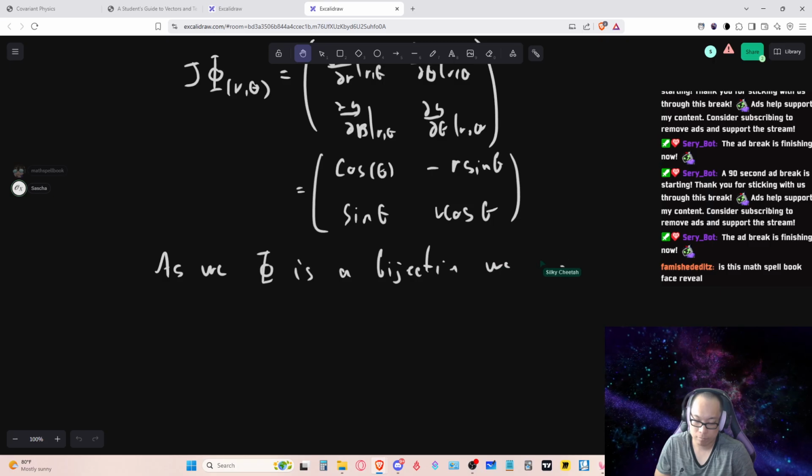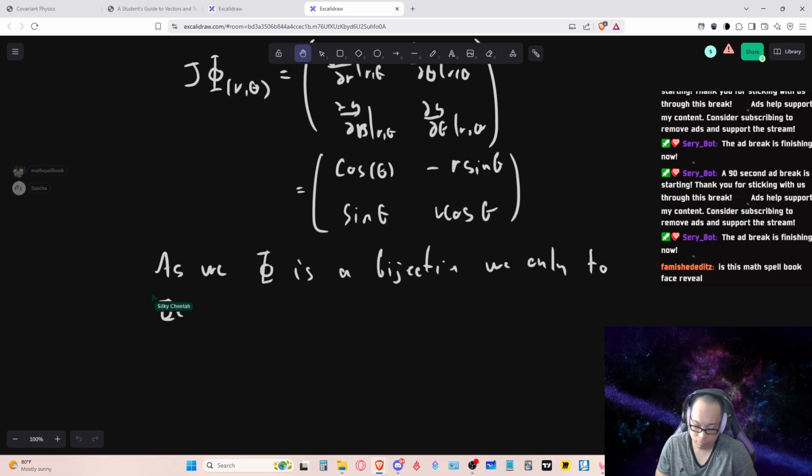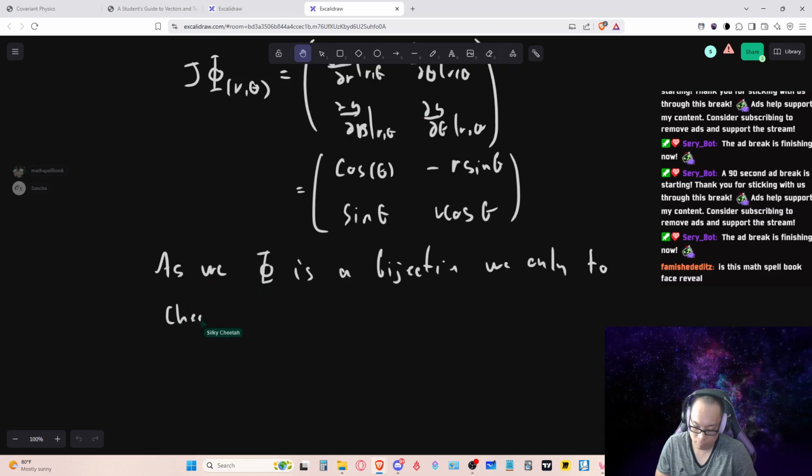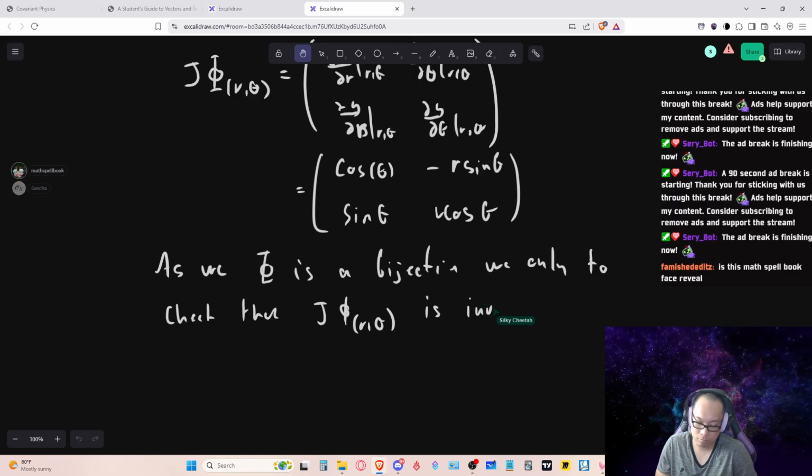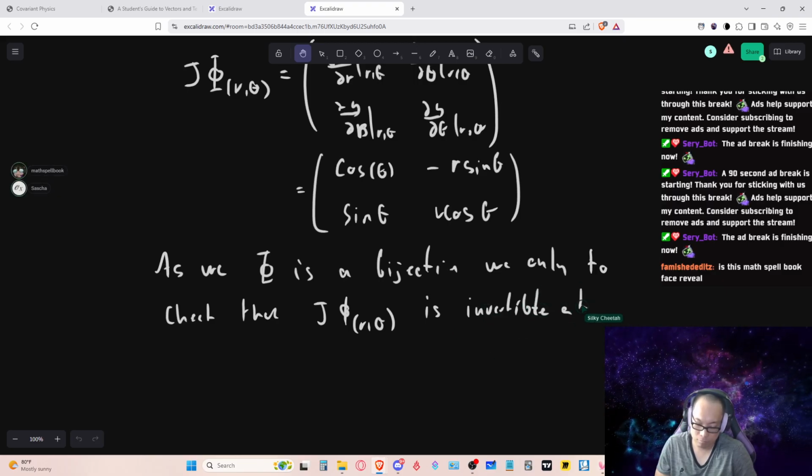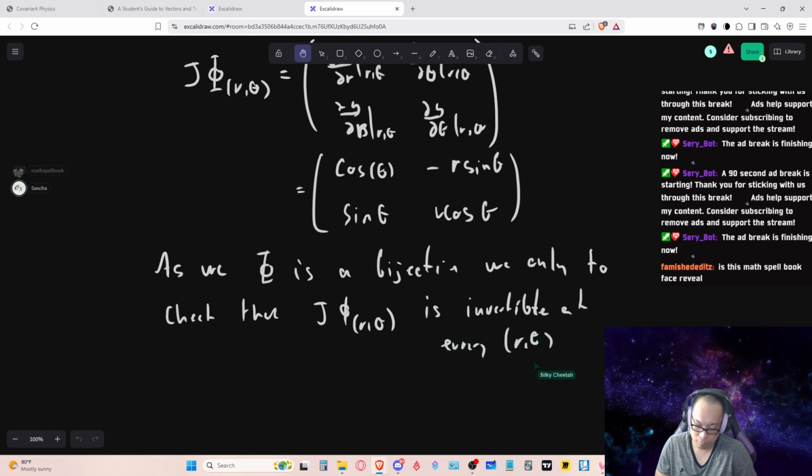So as phi is a bijection, we only need to check that the Jacobian at r theta is invertible at every r theta.